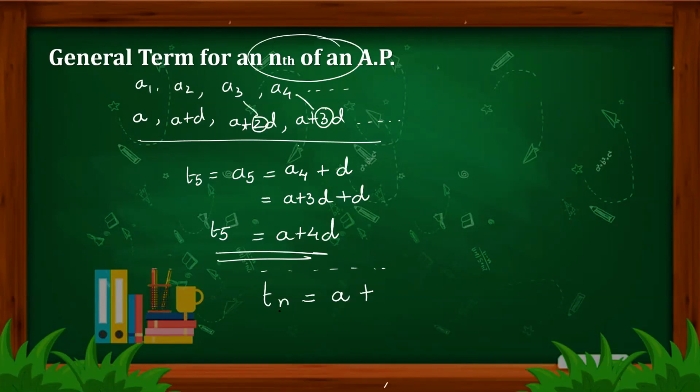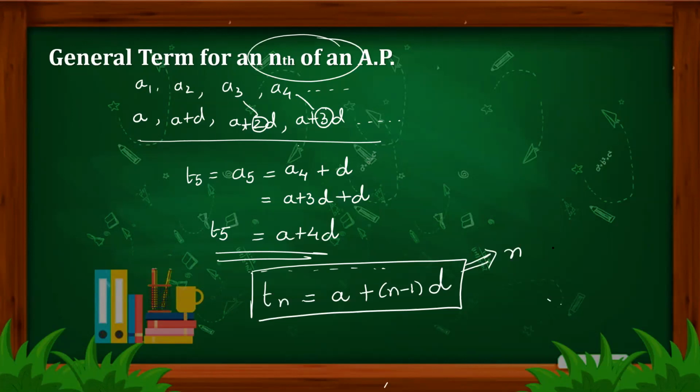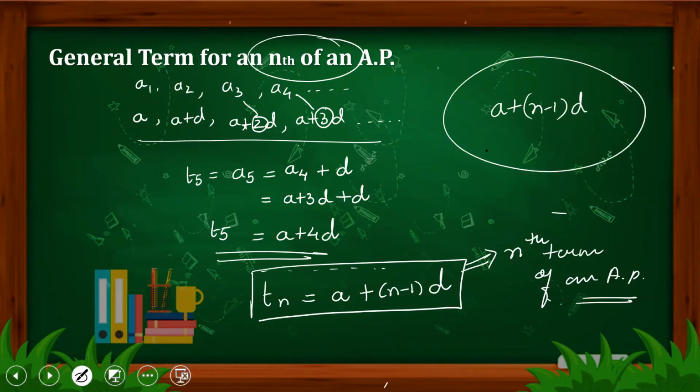So if n is the number of the term, 1 less than n, that is n minus 1, multiplied by D. This is the nth term of an AP, right? So the general form for the nth term of an AP is A plus n minus 1 into D. Always remember this, because many questions are going to be based on this one.